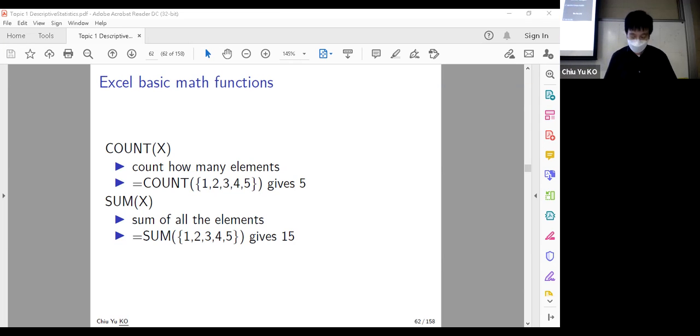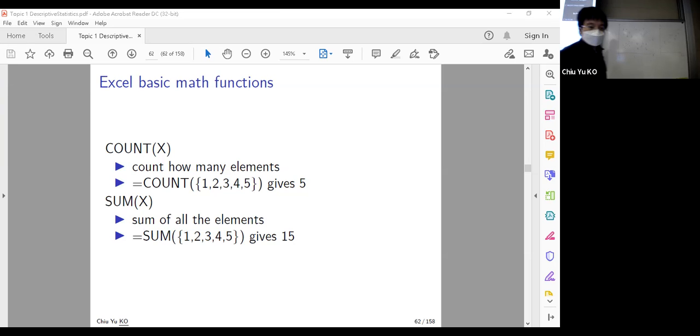Similarly, if I have SUM and 1, 2, 3, 4, 5 in curly brackets, I hope you know where the curly bracket is: above the Enter, the key there, and you need Shift to get it. So this is the sum. That's how you can do all the calculation in a single cell, and that will be fine. That's how you enable yourself to use Excel. Is there any question before we proceed to more interesting things?